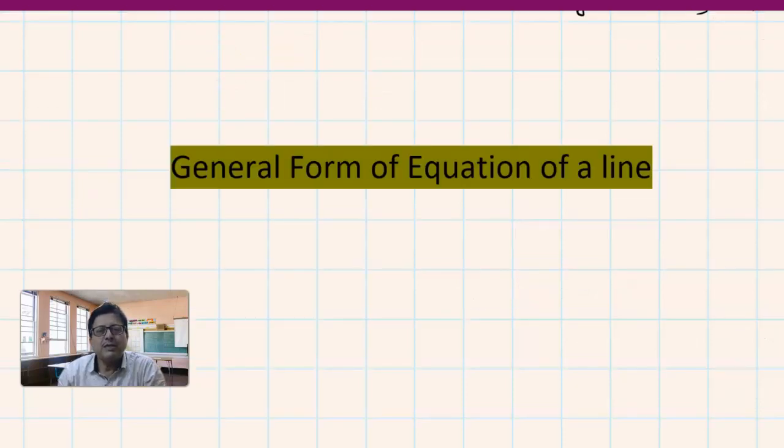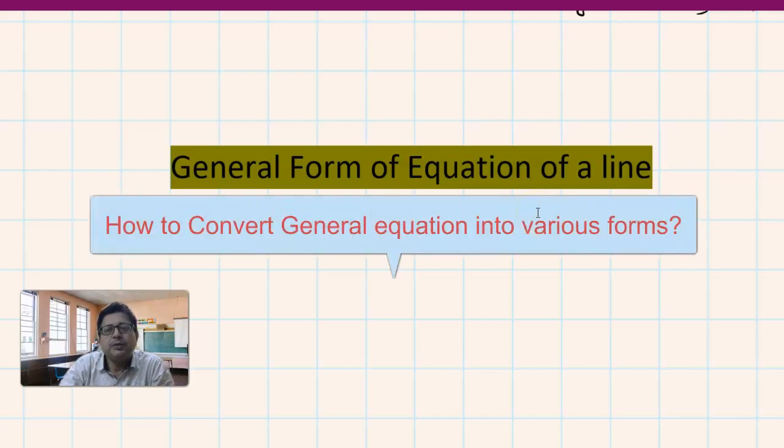Now let us discuss the general form of the equation of a line. Any first degree equation in two variables will represent the equation of a line. Now let us know what the general equation of a straight line is and how I can express the general equation of a straight line in the various forms we have already learned.